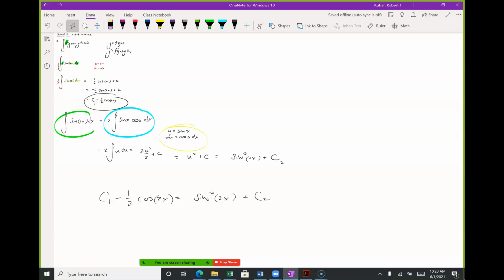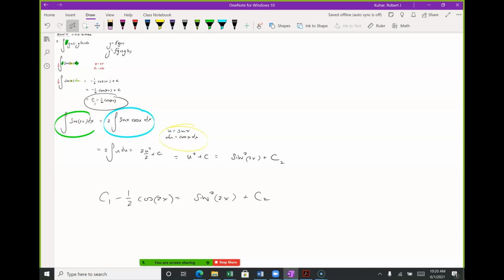So anybody have an idea of what to do here? I want to show these two. These are the two answers I got from doing this integration two different ways, right?